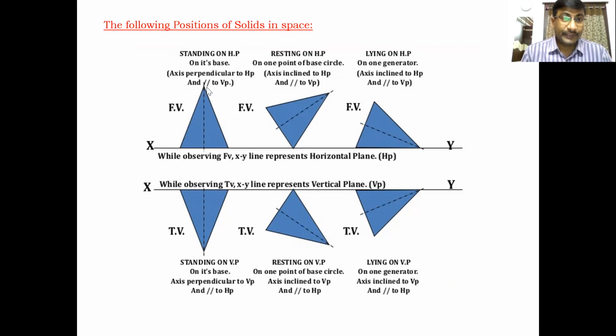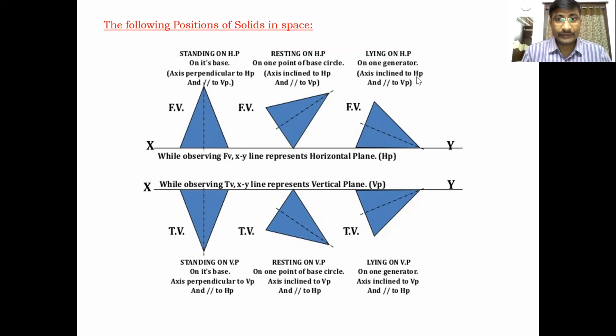If the axis is perpendicular to the HP and parallel to the VP, the position of the solid is like this. The front view is a triangle. When the axis is inclined to HP, the front view axis makes an angle with the XY line.